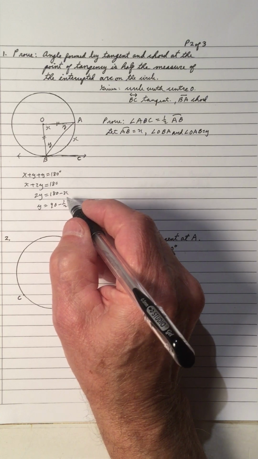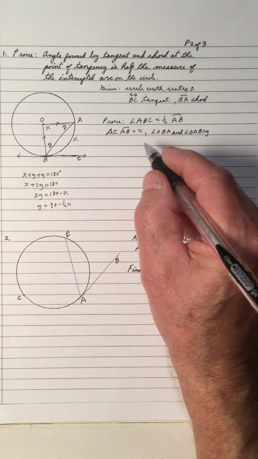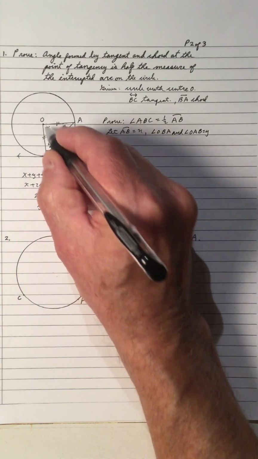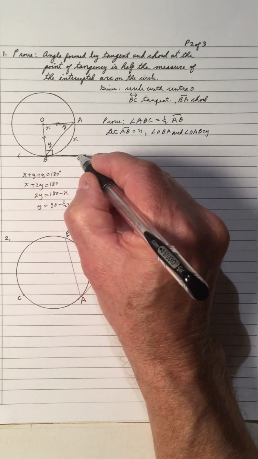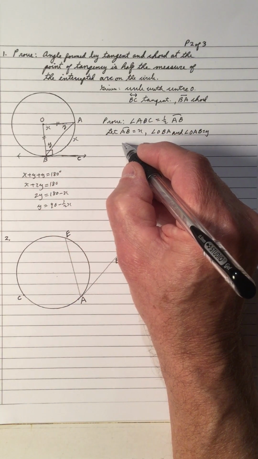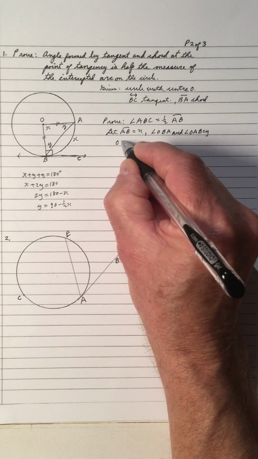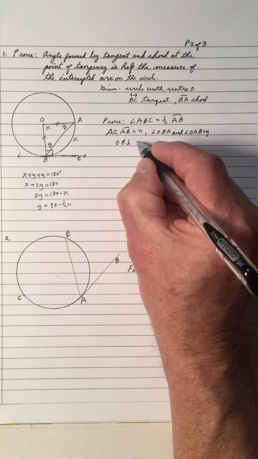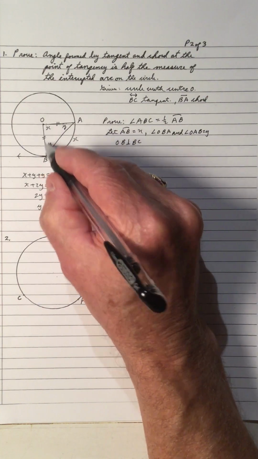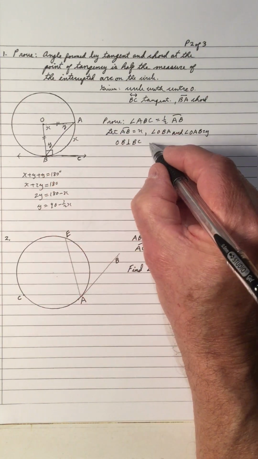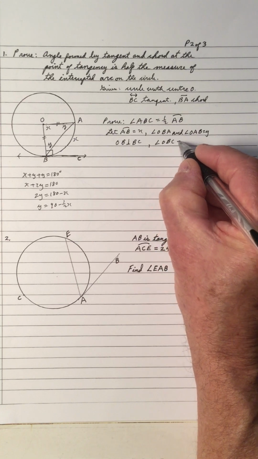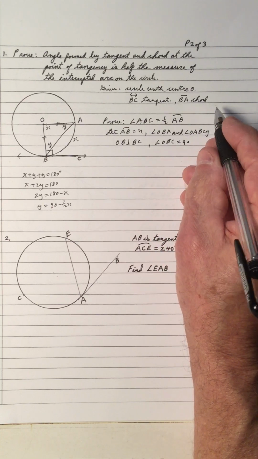We also have a perpendicular here. This is a radius, and at the point of tangency it forms a 90-degree angle. So that means OB is perpendicular to BC, because a tangent and a radius form a 90-degree angle. So angle OBC is equal to 90.